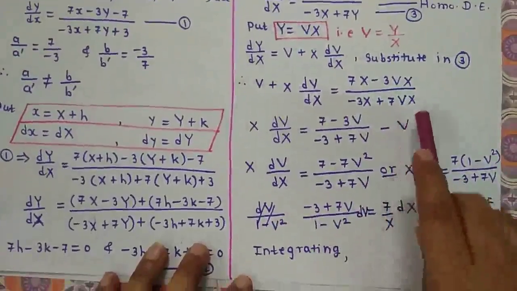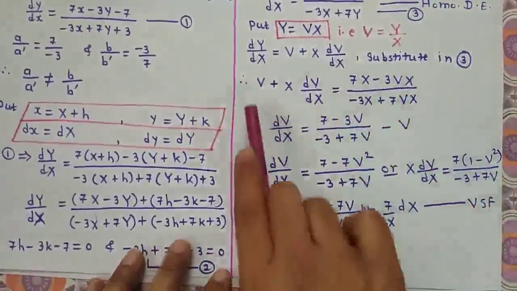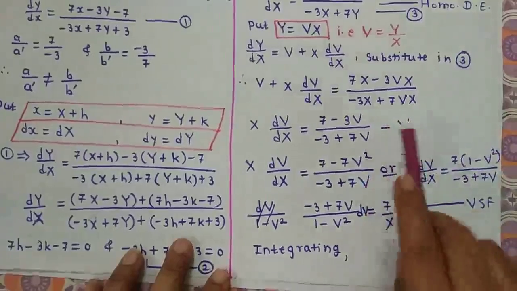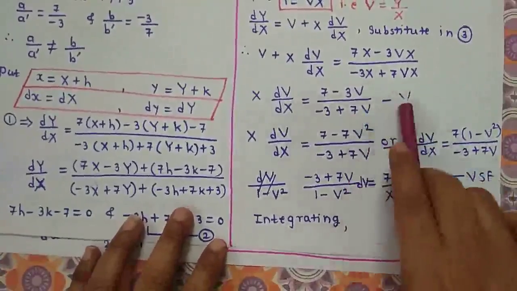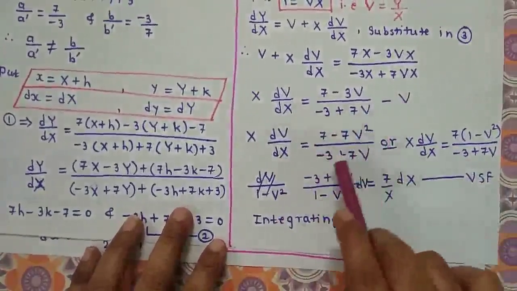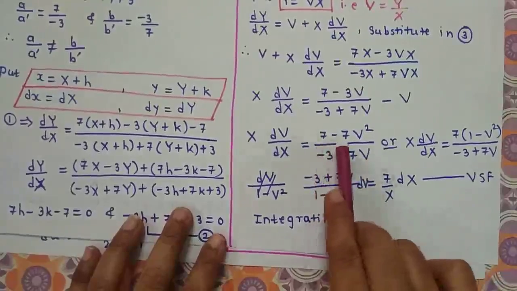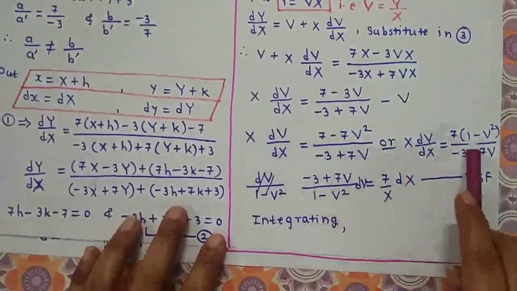Now we take x common from numerator and denominator, it gets cancelled. Also we shift this plus v towards the right side, so it becomes minus v. Now due to cross multiplication, we get this term 7 minus 7v square upon minus 3 plus 7v, or you may take this 7 common from numerator so that it can be written as 7 times 1 minus v square upon this denominator.